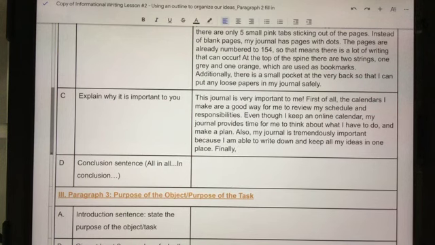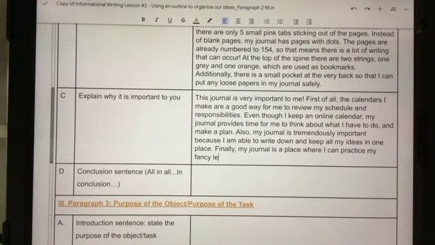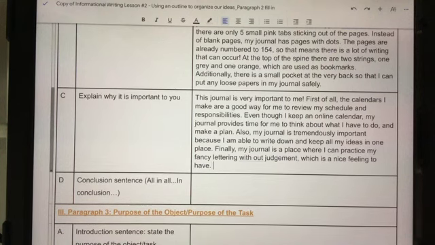This is my last reason why it's important. My journal is a place where I can practice, and you guys know this too, I can practice my fancy lettering without judgment, comma, which is a nice feeling to have, period.